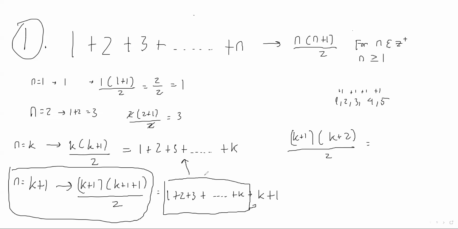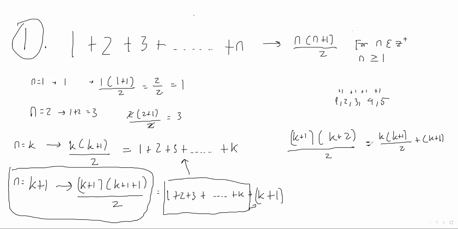And that will be equal to this, which is k bracket k plus 1 over 2, and then what? Plus bracket k plus 1. So how do we get this bracket k plus 1? Well, it's from here. Okay, so now we just need to prove that the left side and the right side are equal.